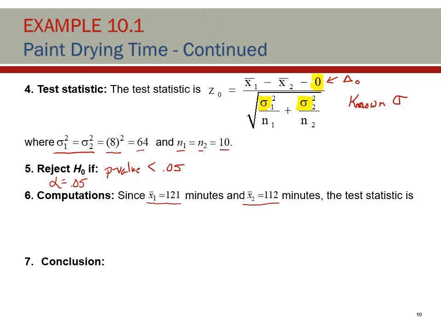And the other thing that we could look at is if our Z naught value that we calculate, and since this is going to be a greater than test, then it's Z naught greater than Z of alpha, which is 0.05.